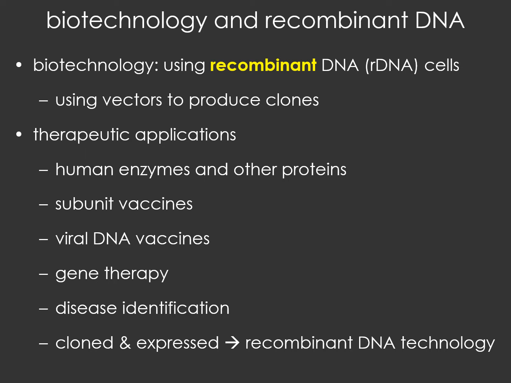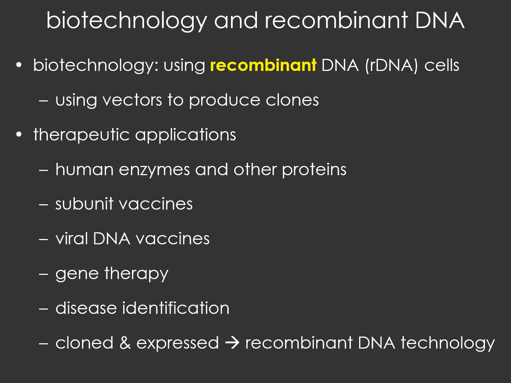They include gene therapy applications and disease identification applications, and they all have in common that at their heart there is a gene of interest, as it's called, that has been cloned or copied from a donor organism and then is placed into a recipient cell in order to express that piece of DNA. And so what we call all of that together is recombinant DNA technology.